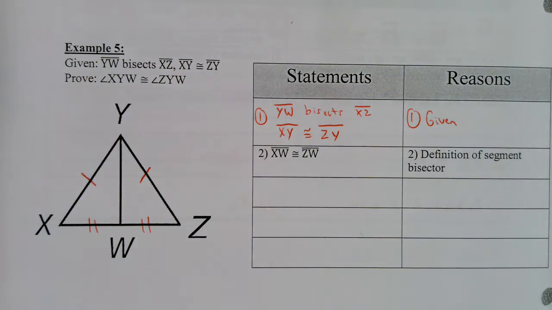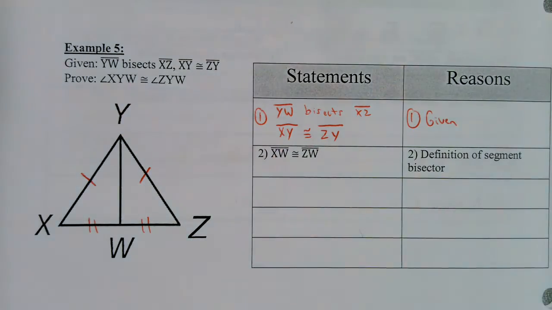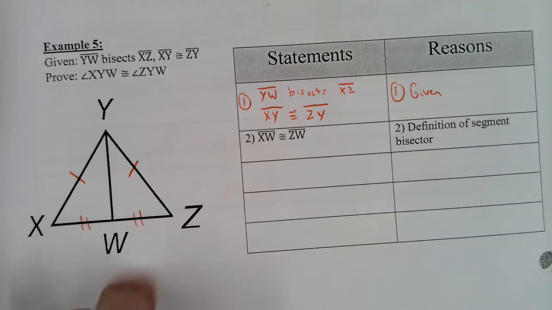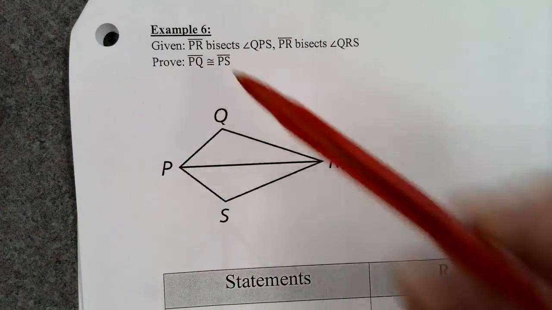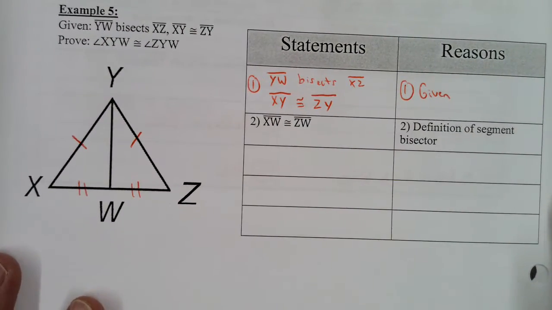Now, example 5 is just like examples 1, 2, 3, and 4, except there's one extra step at the end. The very last step is CPCTC. Whenever you have to prove two angles are congruent, or if you have to prove two segments congruent, that means your last reason is going to be CPCTC.